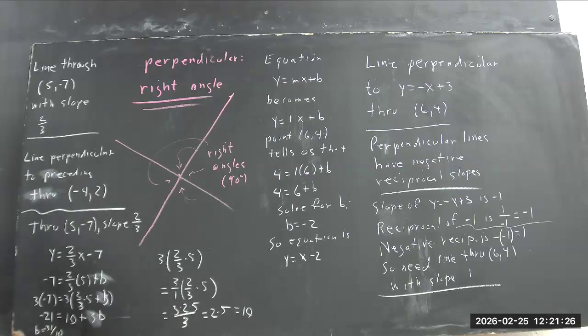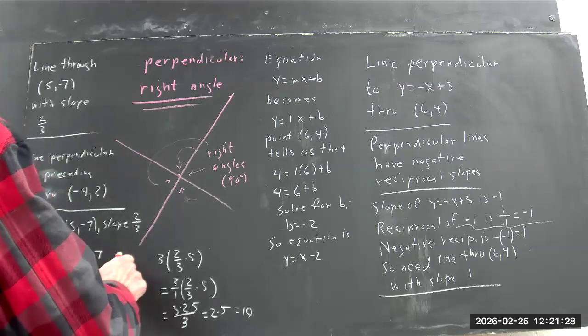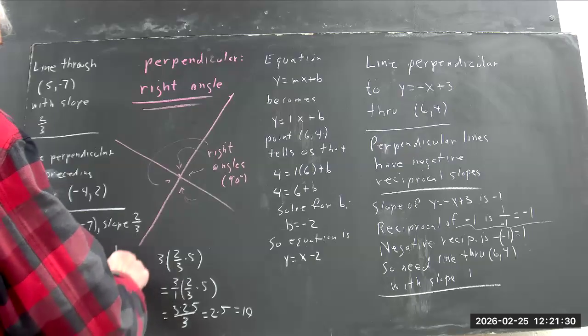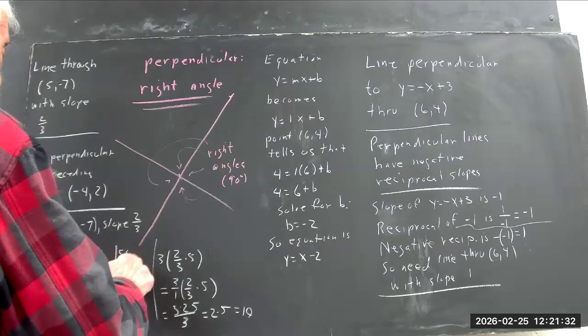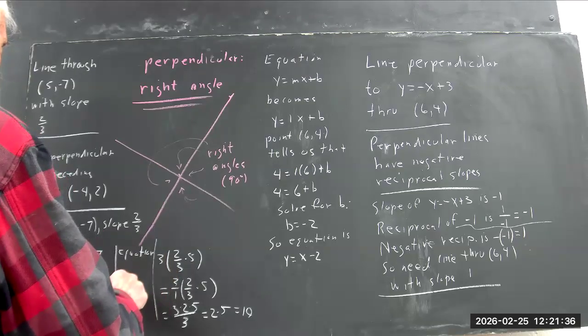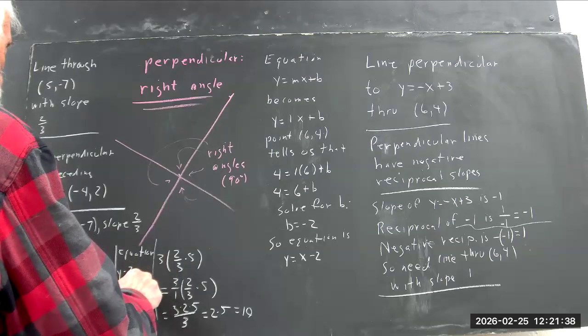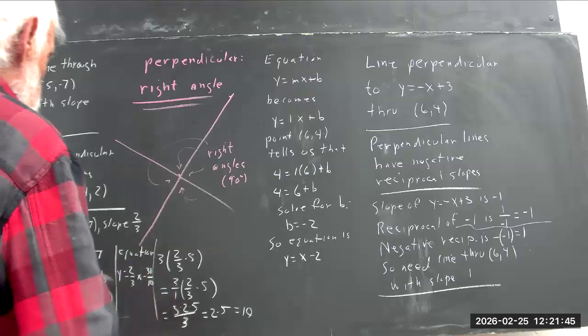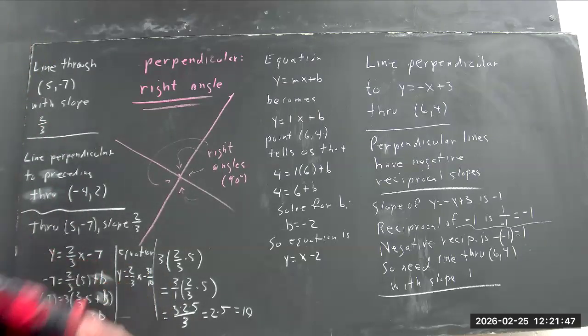So our equation is y equals 2/3 x minus 31/3.